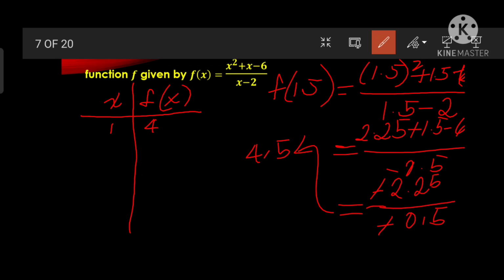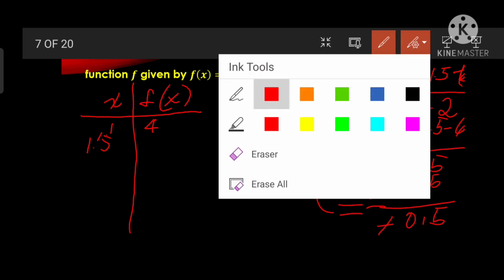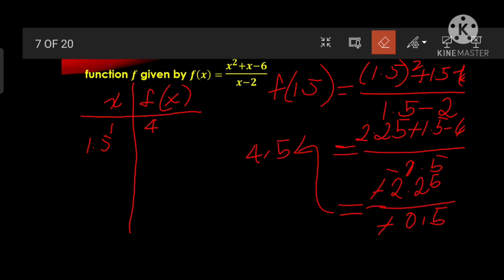Okay, that's it. So when x is equal to 1.5, f of x is equal to 4.5.